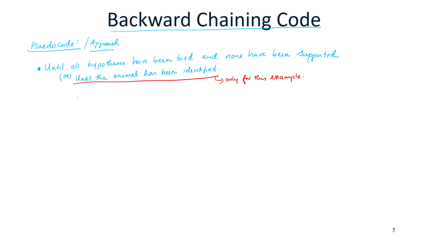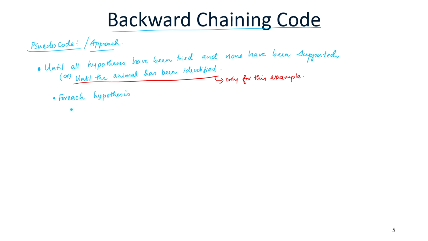Then, until all hypotheses have been tried and none have been supported, or in this case until the animal has been identified, you have a loop for each individual hypothesis.